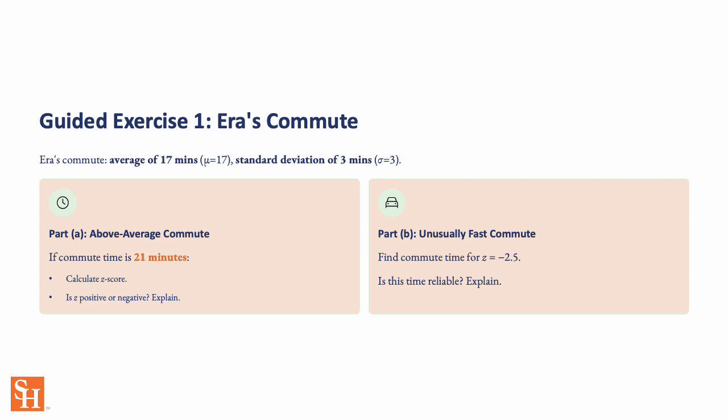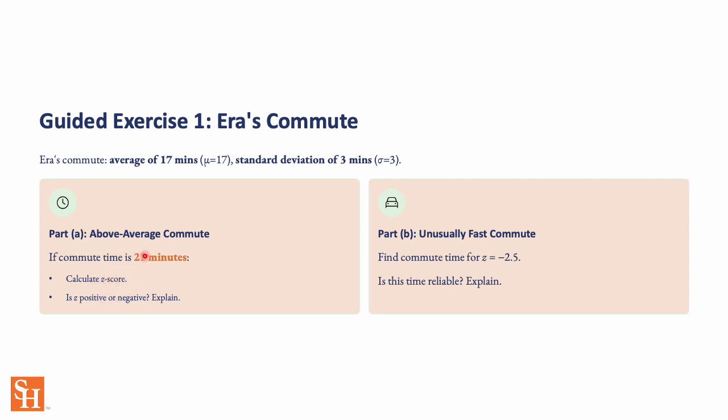So here we have the information of commute time for Ira from home to school, and her average commute time is 17 minutes with a standard deviation of 3. For a commute time of 21 minutes, we have to calculate the Z score and determine whether the Z score will be positive or negative.